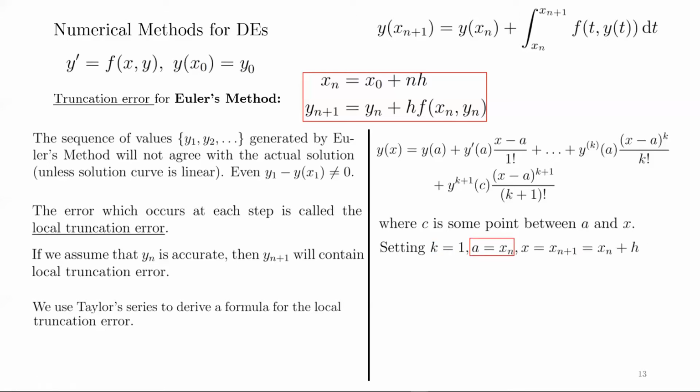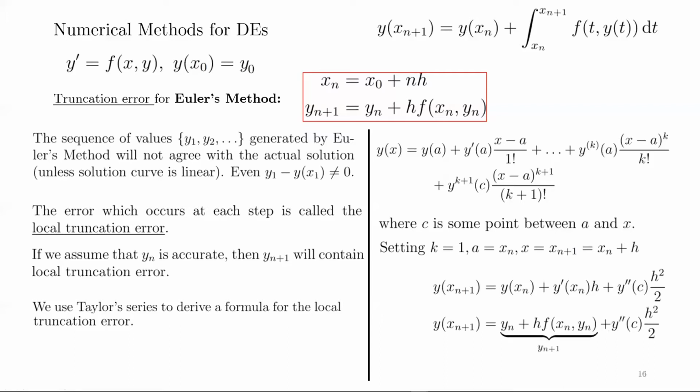So k equals 1, a equals xn, x equals xn plus 1, and if I put that into my Taylor series, I get y at xn plus 1 equals y at xn plus y prime evaluated at xn times h plus the second derivative evaluated at some point c times h squared over 2.